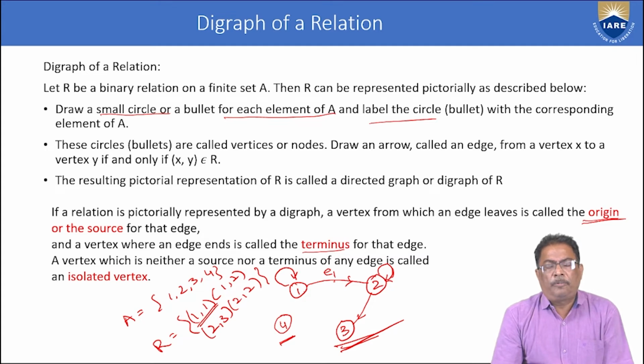So up to now, we have seen what a relation is, how to construct a matrix of a relation, and how to give a pictorial representation of a relation, that is nothing but a digraph.